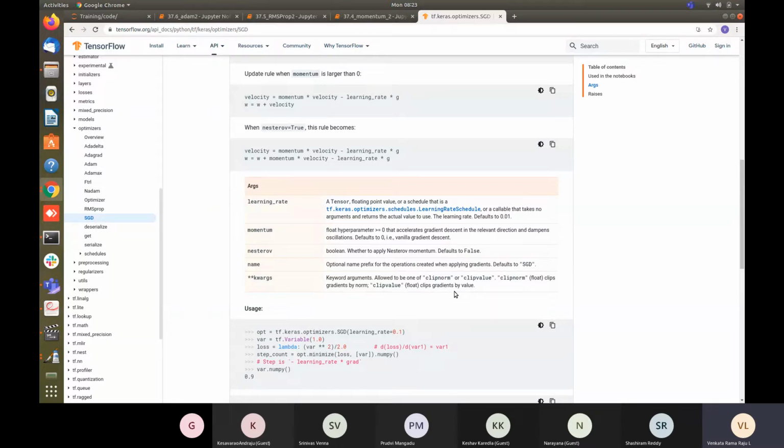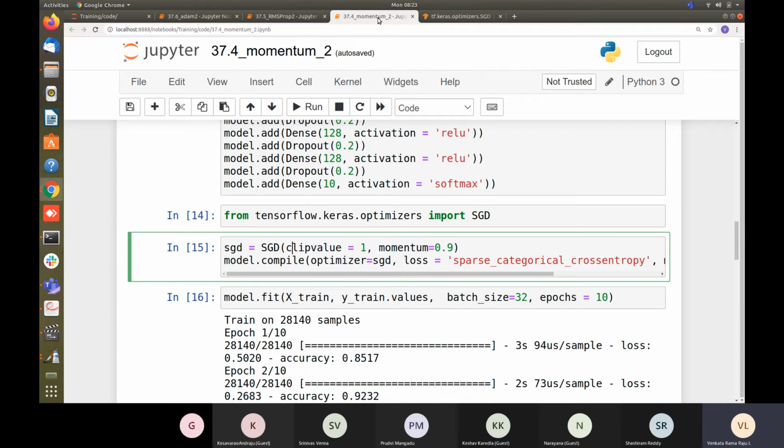To control that, you can specify the clip value should be between -1 and +1. If you say clip value is equal to 1, whatever gradients you get, it will try to bring them down to between -1 and 1. This is called gradient clipping.